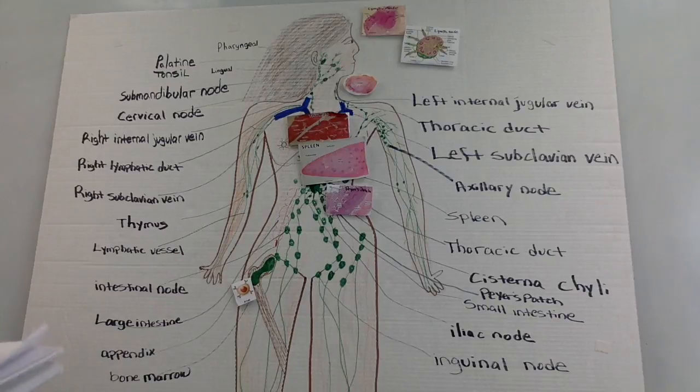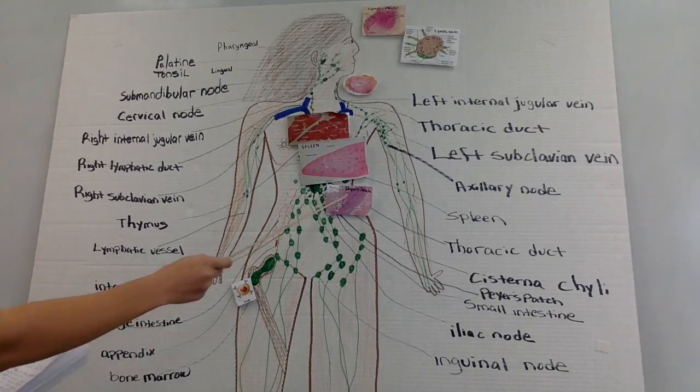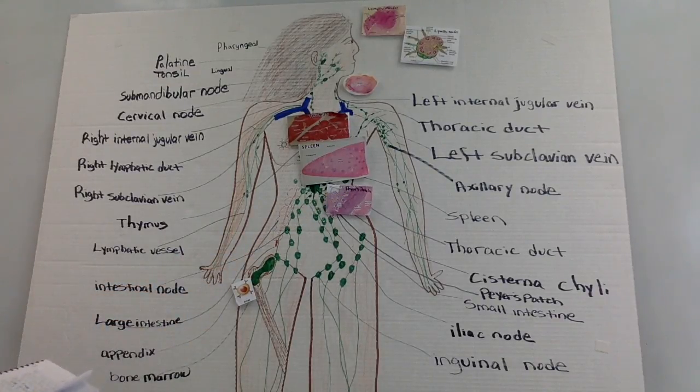Next, we'll discuss Peyer's patches. These are aggregated lymphoid nodules located in the distal portion of the small intestine. They prevent bacteria from entering the blood. They are made up of large clusters of lymphoid follicles and are considered the booby traps of the GI system.